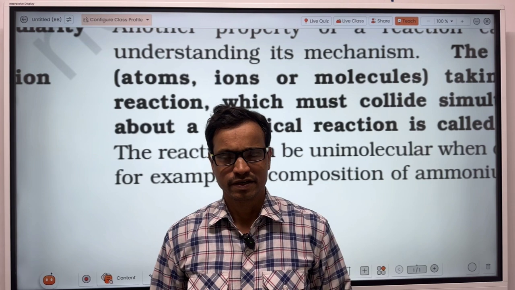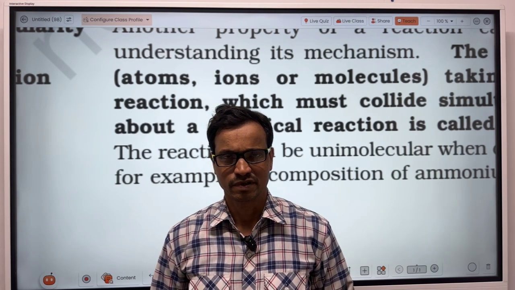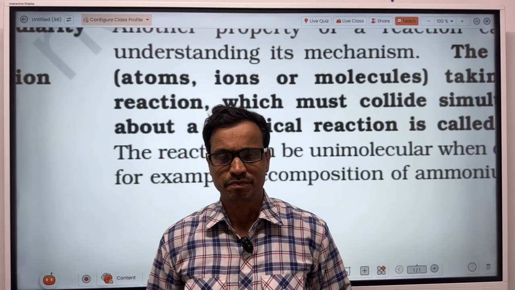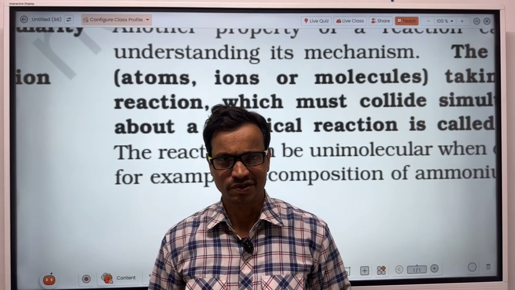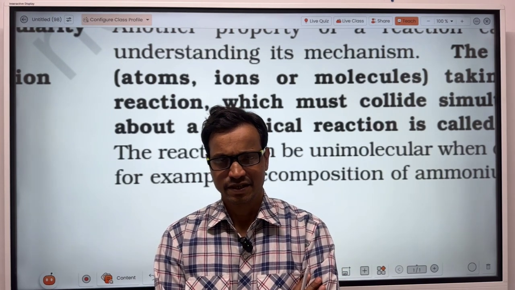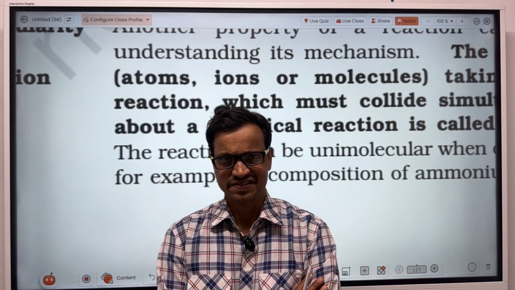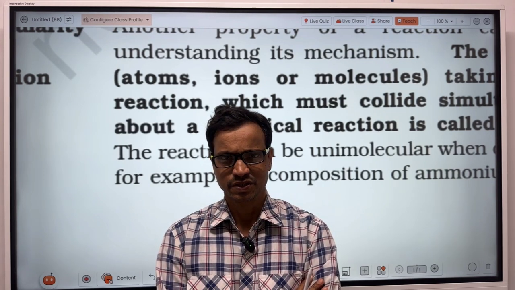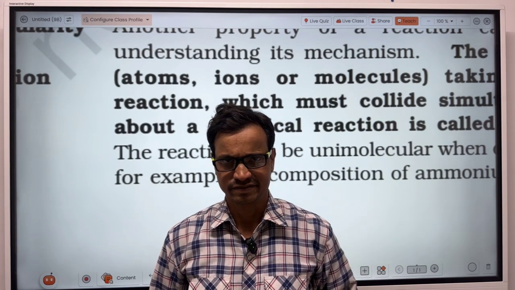Molecularity of reaction is the number of reacting species, which may be atoms, molecules or ions, that must collide simultaneously in an elementary reaction to bring about a chemical reaction. That is called molecularity of reaction.